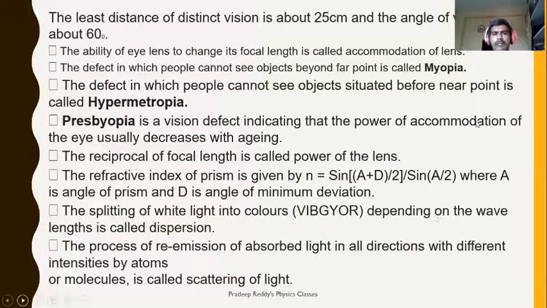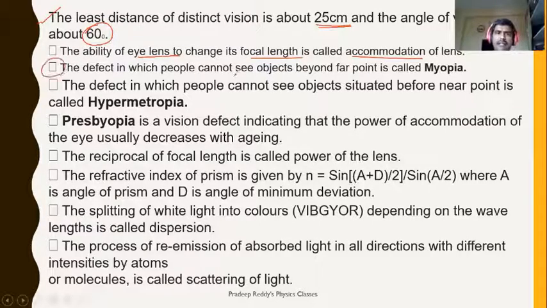Coming to this, we will just recapitulate what we have discussed in the previous video lectures, with a brief discussion. First, we learned that the least distance of distinct vision is 25 centimeter, and the angle of vision is 60 degrees. The ability of the eye lens to change its focal length is called power of accommodation.